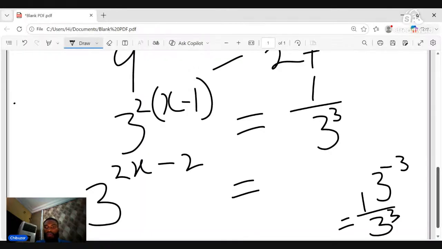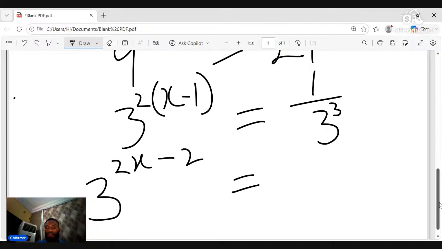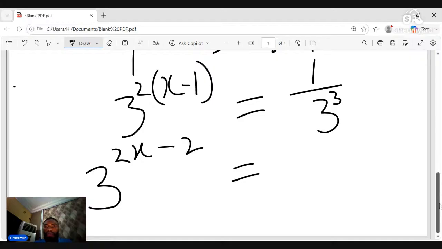Great. So since we are trying to get the bases to be the same thing, we'll now reverse this one back to its state before it was converted using the law of indices. Are we clear? So now that we've converted it to this, we can now easily cancel out 3.